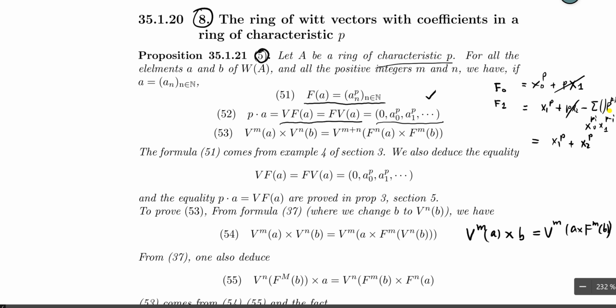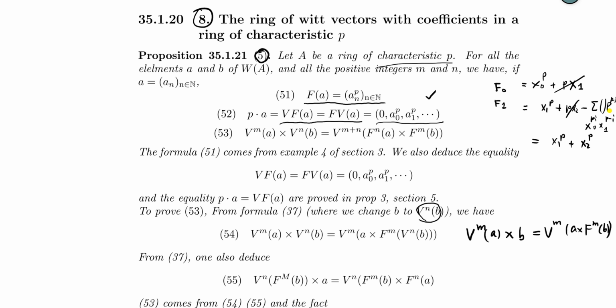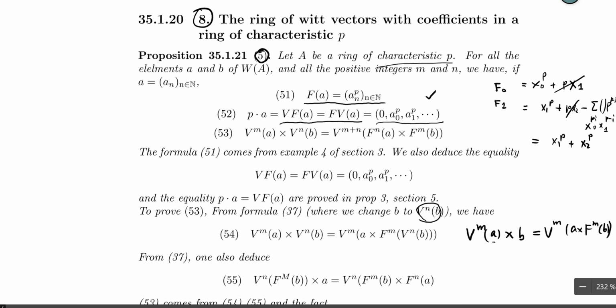Now you change B to VmB, we get this. If you change the A here to Frobenius acting m times, and B to A, you change the index.